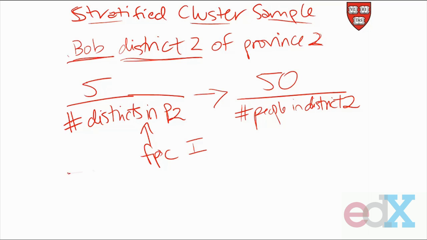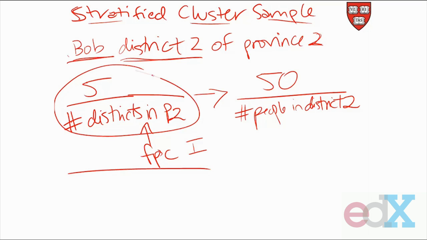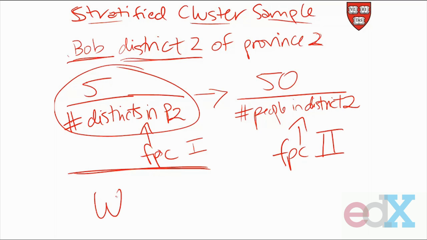So now we have a second finite population correction, and it's going to be province specific since we've broken our population up into provinces. We have our stage 1 correction, and then this stage 2 correction. To get our survey weights, again, we can just do FPC1 times FPC2 and invert that.